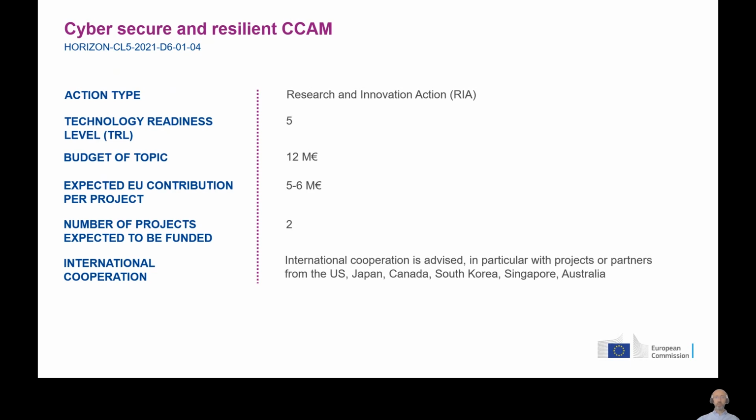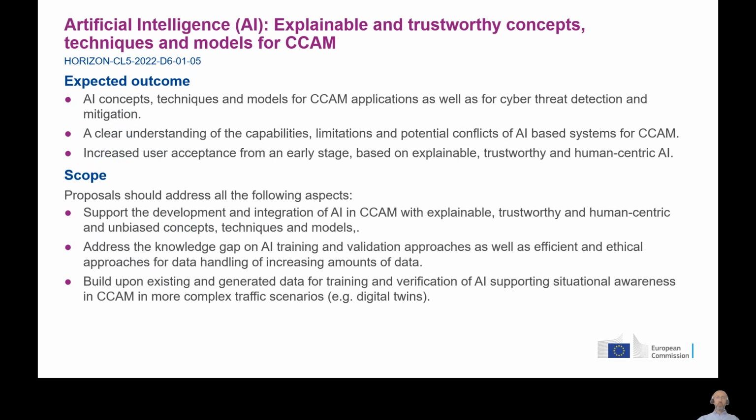If we then move to the second topic on artificial intelligence, what are we looking for? We're looking for concepts for artificial intelligence, specifically to be used in CCAM applications, not only the most obvious ones, such as steering the vehicle, but it can also be linked to the previous topic.